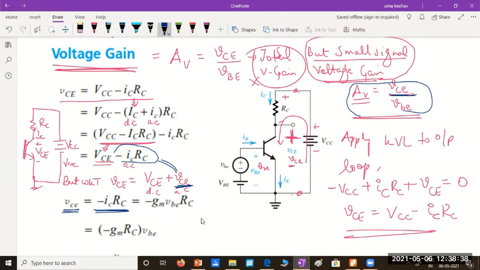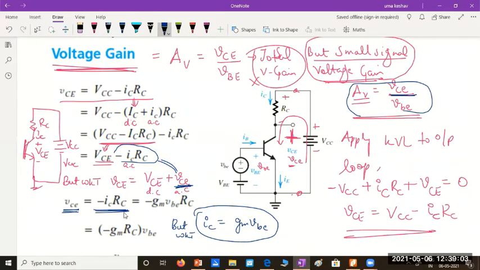IC can be written as gm into VBE. Just now we saw the collector current is always gm into VBE, whether I write the AC value or the DC value. So I'm replacing this IC with gm into VBE.